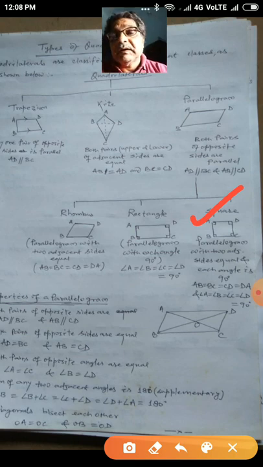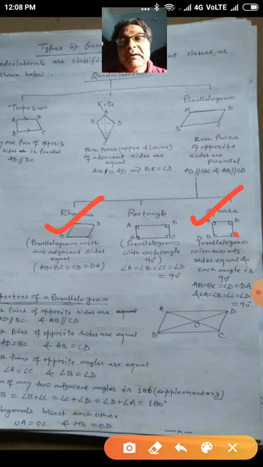If you say rhombus, in other words, that it has all four sides equal, in the similar way, you can say square is that parallelogram whose all four sides are equal. So it possesses the properties of rhombus also. So square is previously a parallelogram and now it is a rhombus also.